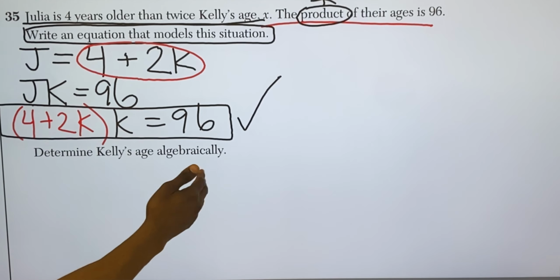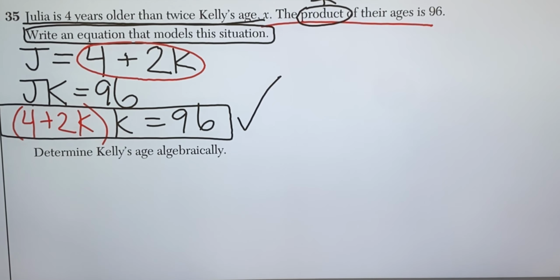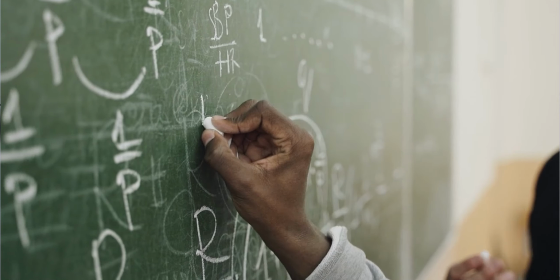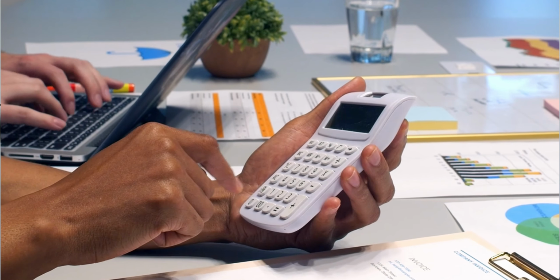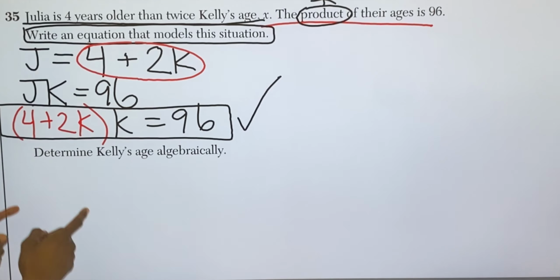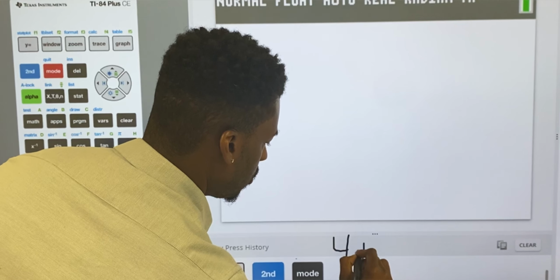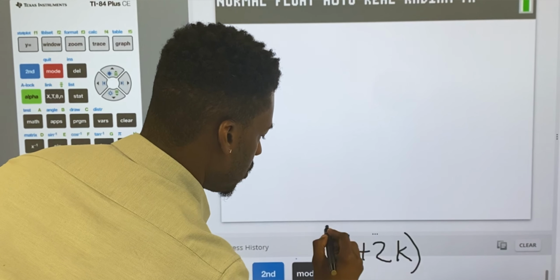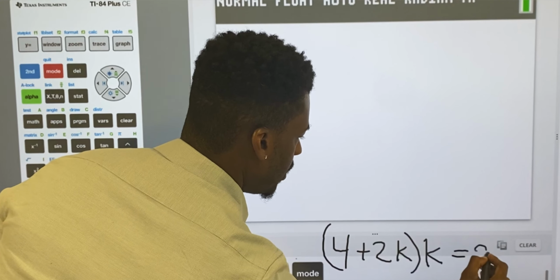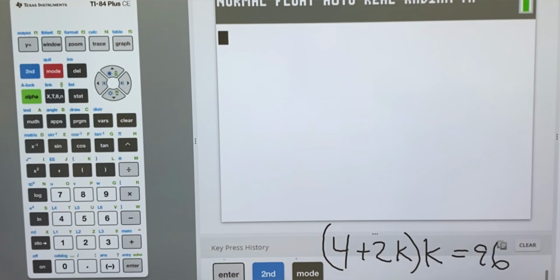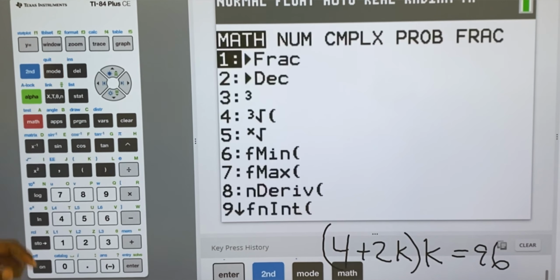Now it says determine Kelly's age algebraically. You can either do this by hand or you can use the calculator. Which would y'all rather, hand or calculator? The equation is 4 plus 2K times K equals 96. Everybody follow along with this. You're going to press math.